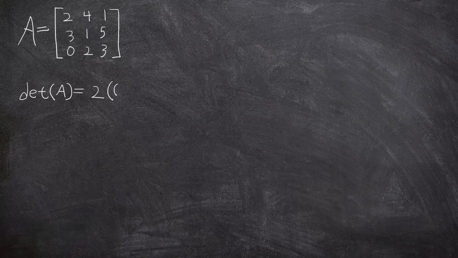So 1 times 3 minus 5 times 2 minus 4. Cross out your terms. We know we're going to be working with 3, 5, 0, and 3. So 3 times 3 minus 5 times 0.